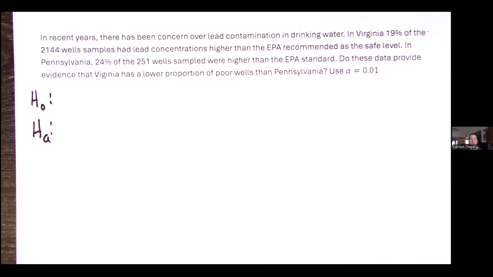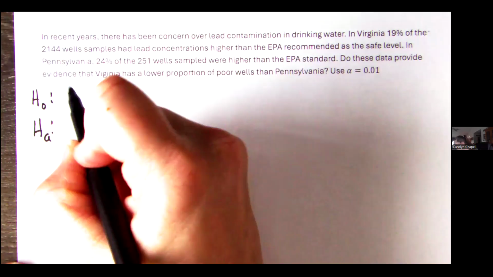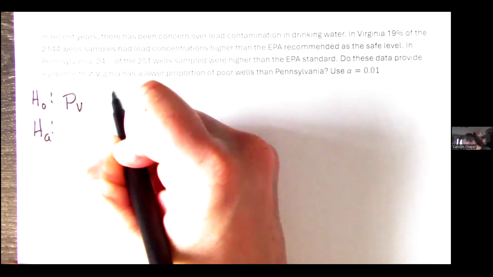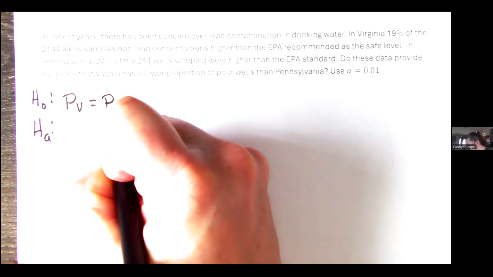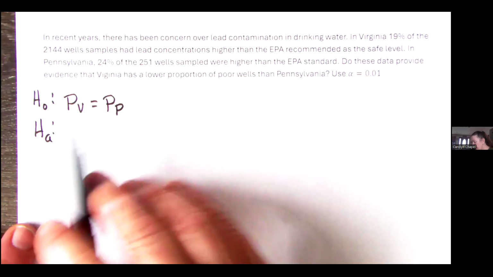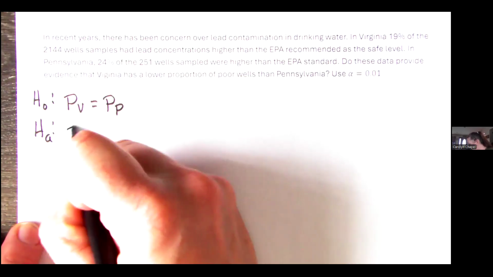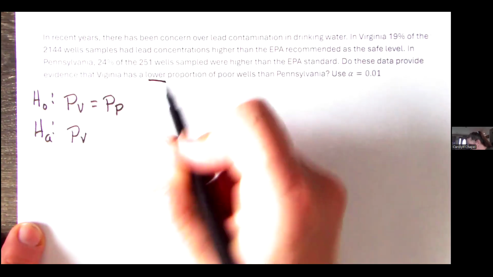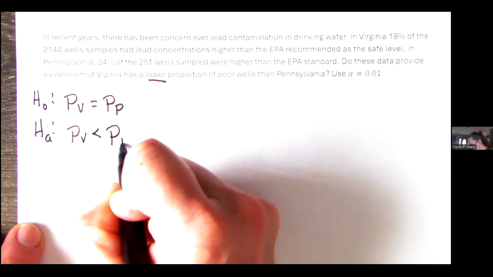We have a proportion for Virginia and we have a proportion for Pennsylvania. So I'm going to start with the proportion for Virginia equal to the proportion for Pennsylvania. And that is going to be compared to our proportion of Virginia being lower, so smaller than the proportion of Pennsylvania.